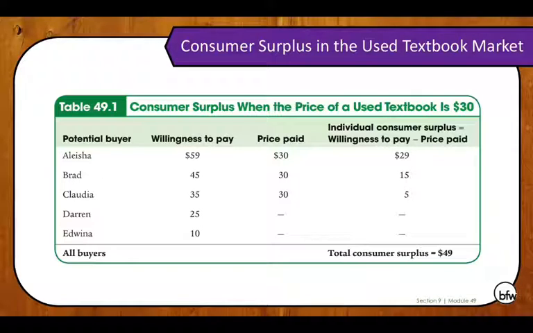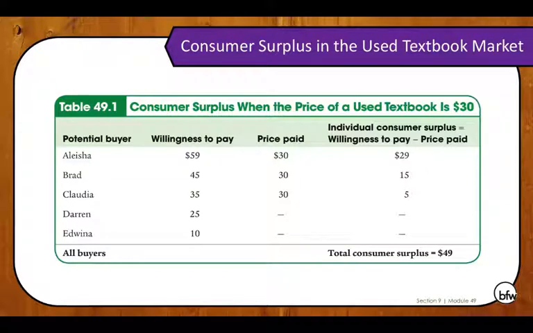Now in this screen, if we assume that the price of the book is $30 and Alicia was willing to pay $59, then she gets $29 as a net gain in happiness, and we measure that in dollars and we call it consumer surplus. So this slide shows us the consumer surplus that each student gets.